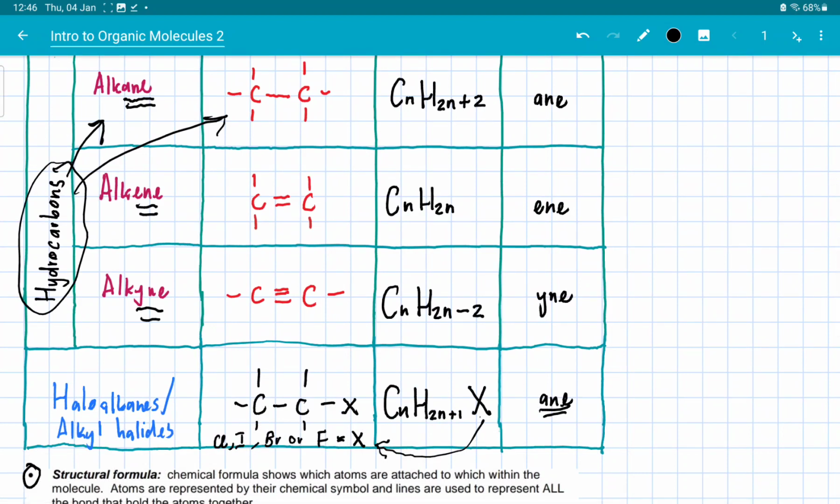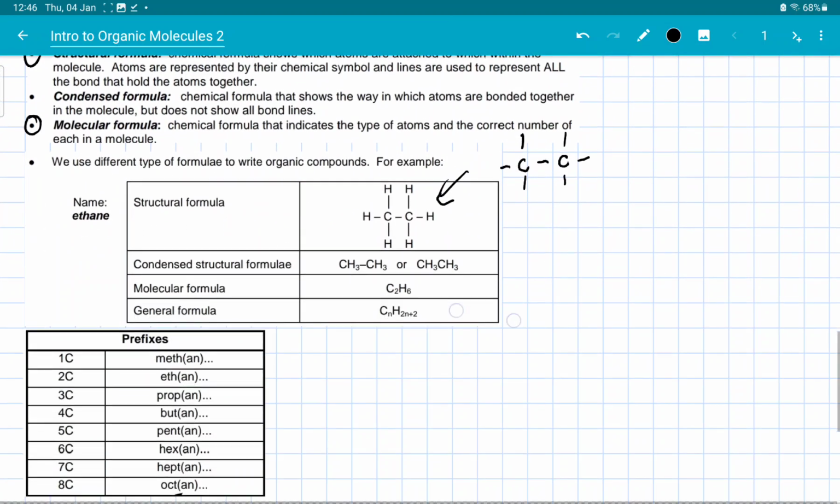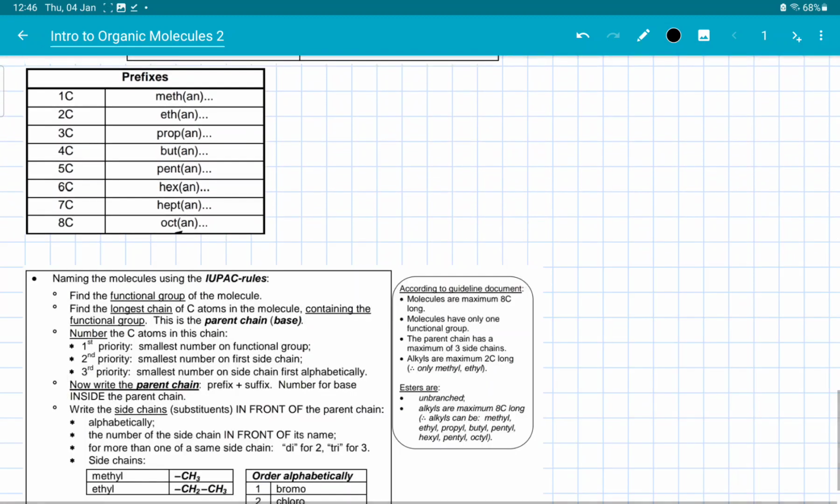Alkane. And then I discussed with you, people, the prefix, if you remember. If there's 1 carbon, meth; 2, eth; 3, prop; 4, but; 5, pent. You have to learn this up to 8 maximum. I know I went up to 10, but apparently we have to go up to 8.